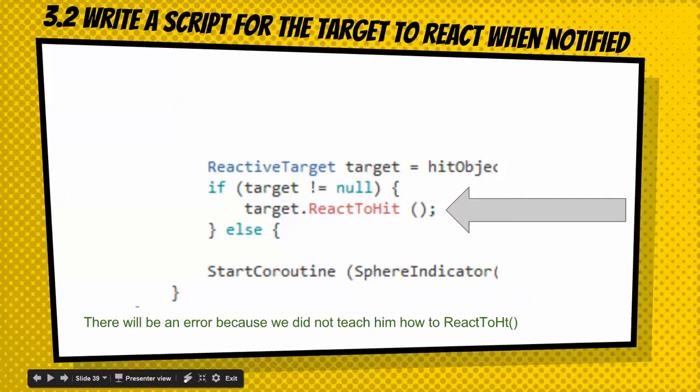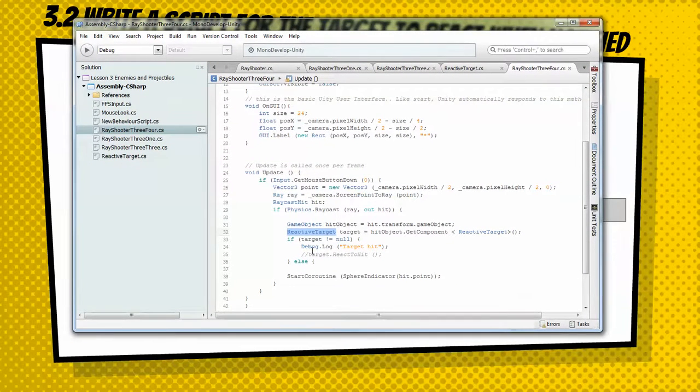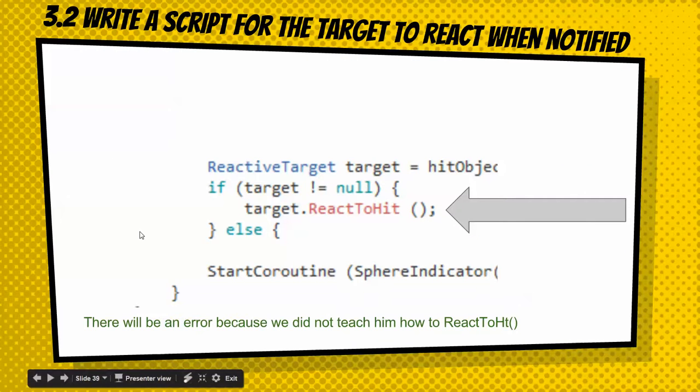So let's go to our code. We're going to get rid of this Debug.Log. That was a good start. Then we're going to add this code right here, target.ReactToHit. Now if we were to run it, it would say, I don't know how to do this. We need to teach the target to react to a hit. So here's what we're going to do next.